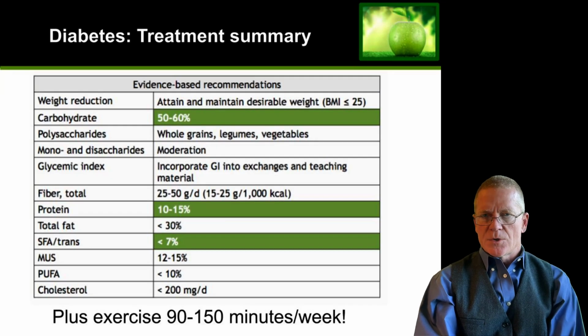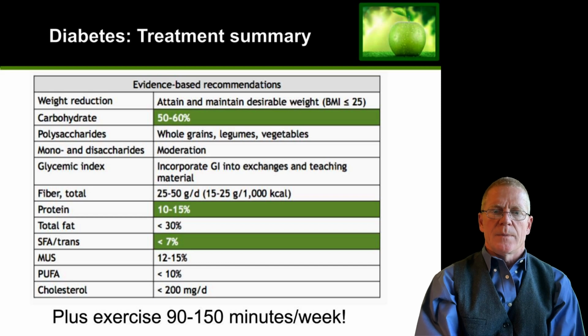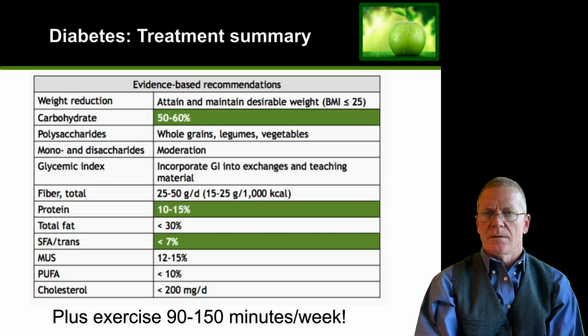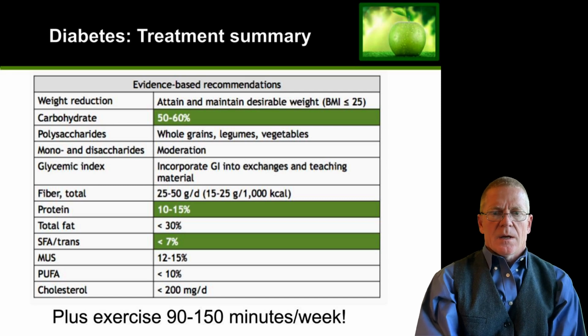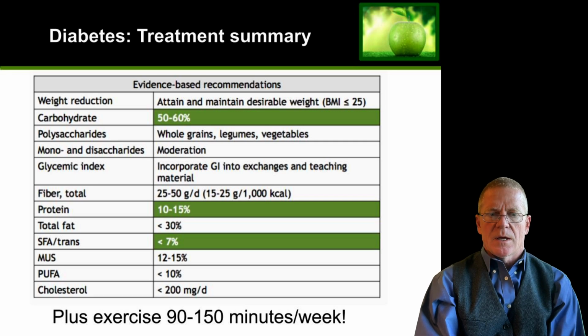This is looking at medical nutrition therapy for diabetes. Ideally, maintain a weight with a body mass index less than 25. Ideally, eat carbohydrates in that 50 to 60% range, mostly taking those carbohydrates from whole grains, legumes, and vegetables.